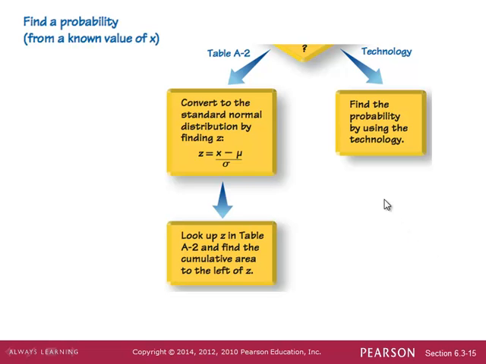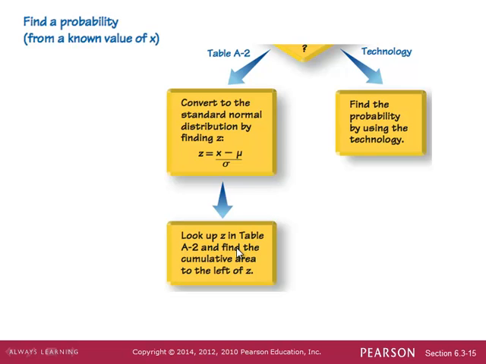Now, coming back over here for probability, if you're going to use a table, then take your x value minus the population mean, and divide by the standard deviation. So x minus mu over sigma will give you your z-score.